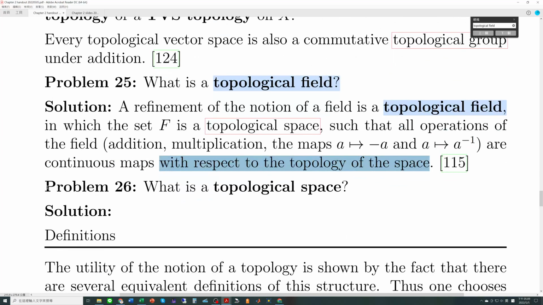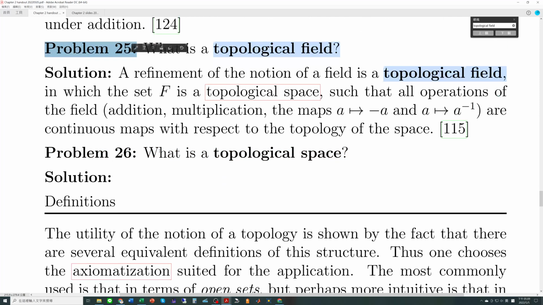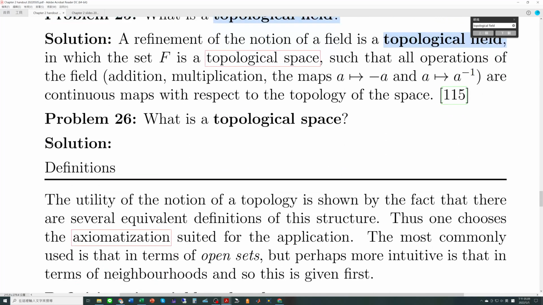Okay, next, problem 26. What is a topological space? Topological space had appeared in the solution to the previous problem, that is problem 25. Okay, solution. First let us see the definitions of the topological space.